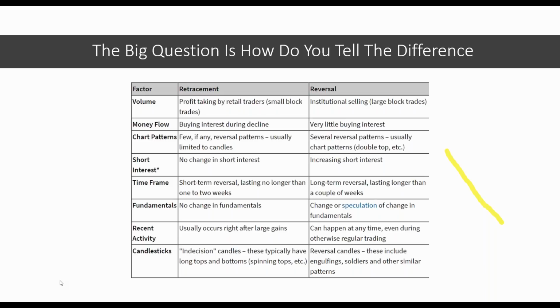Time frames. A retracement is usually a short-term reversal, lasting a short period of time depending on what you're trading, whereas a reversal can take place over a much longer period of time. A retracement usually has no change in the fundamentals.